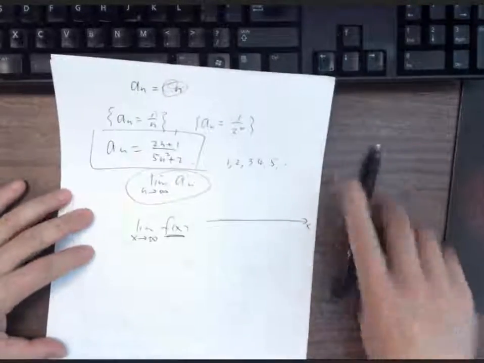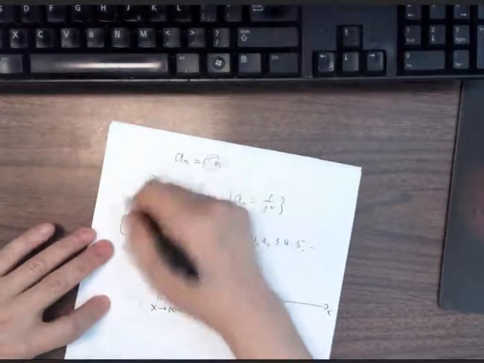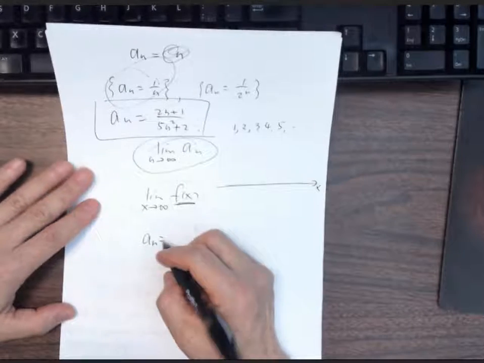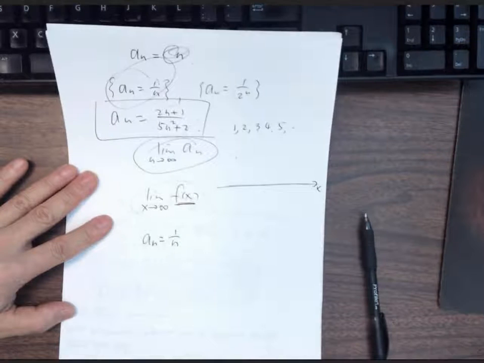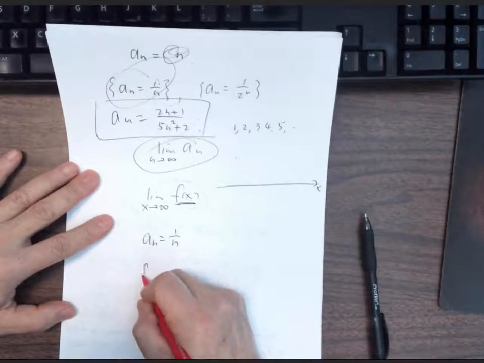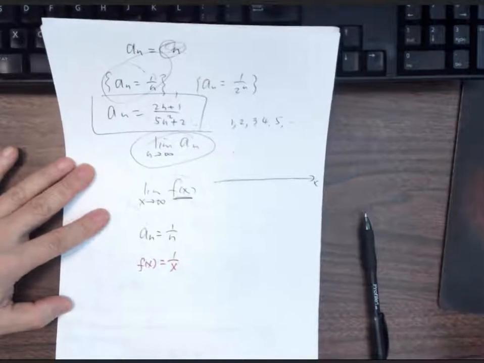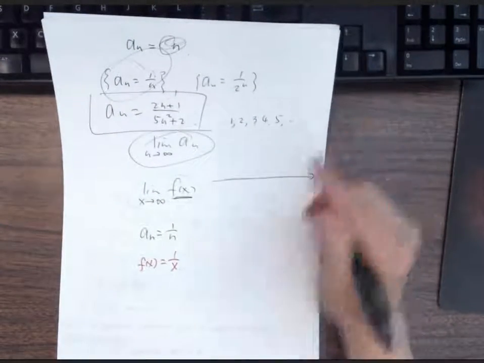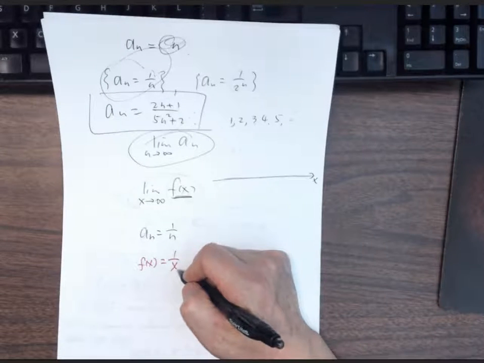Well, what's the difference between the limit of a sequence and the limit of a function? Let's take this as an example. Say we have a sub n equals 1 over n. Let's see a related function, 1 over x. n is a discrete variable, x is a continuous variable.